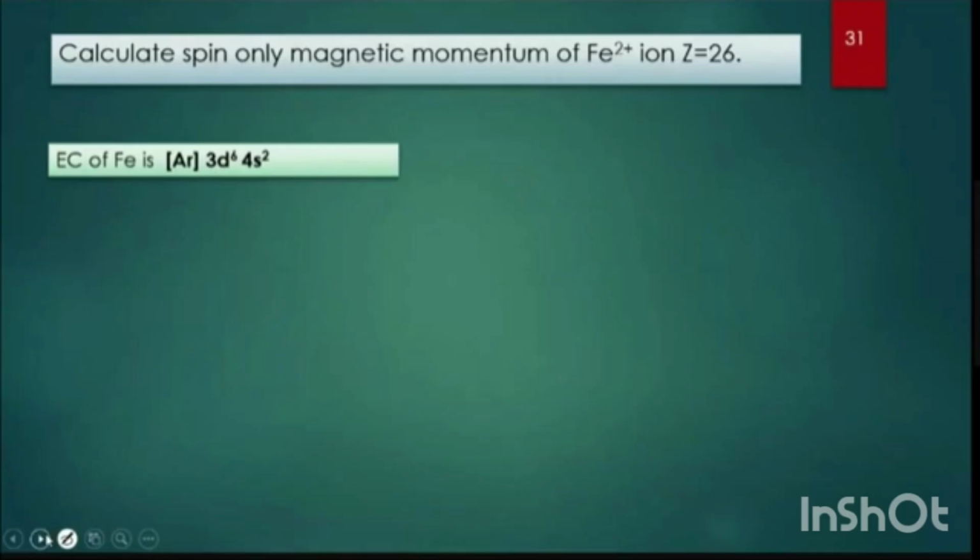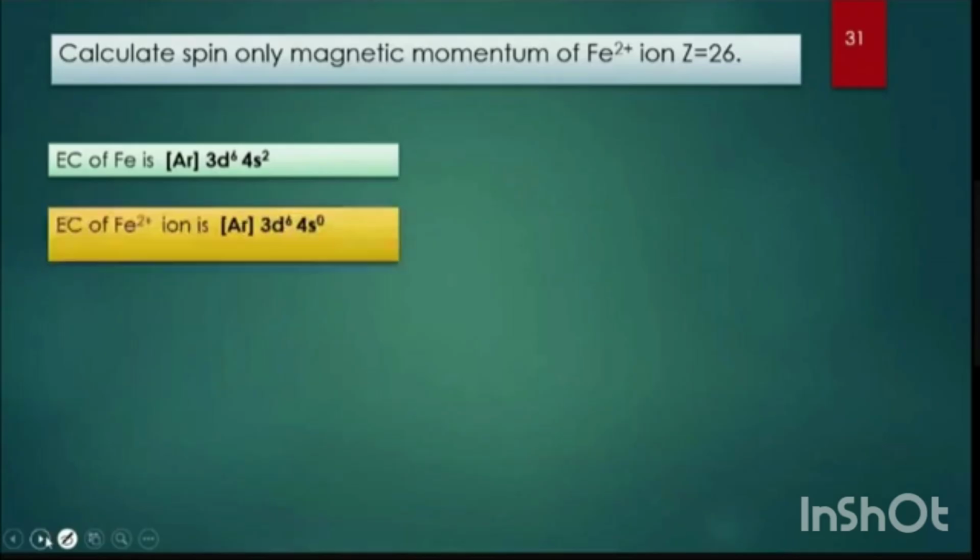Then we have to find the magnetic moment of not Fe, but Fe2 plus. For the Fe2 plus ion, the electronic configuration becomes argon core 3d6 4s0. It has lost 2 electrons present in the 4s orbital. Now we are left with 6 electrons in the d orbital.